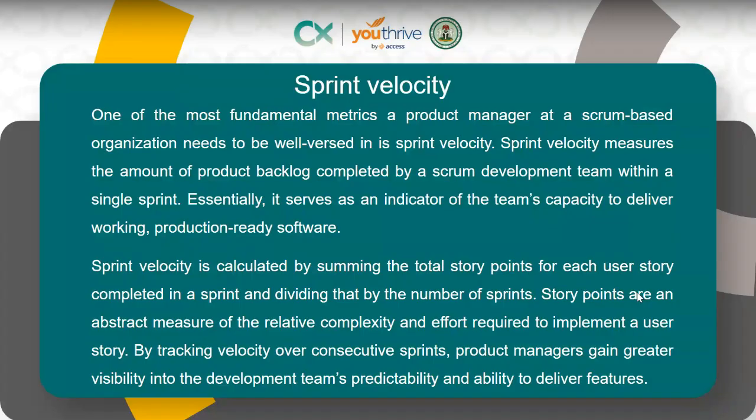All right, so this will tell you whether you might need more people on your team, or you might need to adjust your backlog to avoid burnout, and things like that. So sprint velocity is calculated by summing the total story points for each user story completed in a sprint and dividing it by the number of sprints.